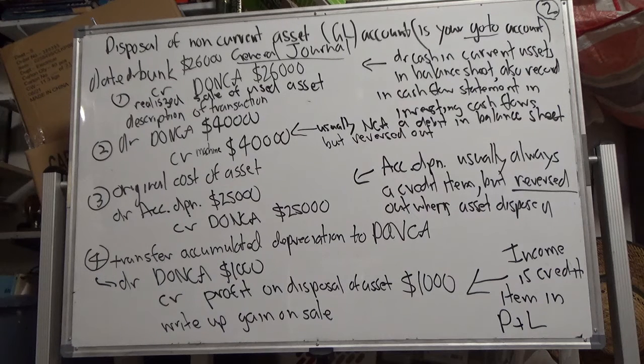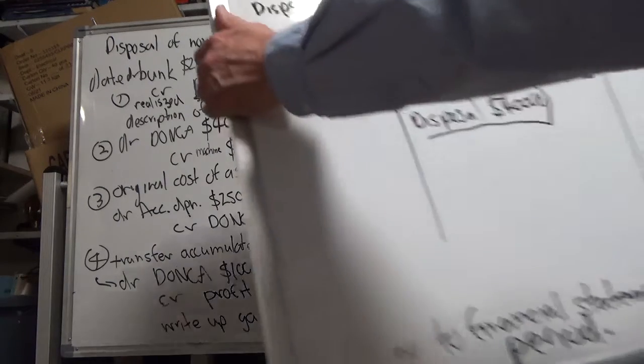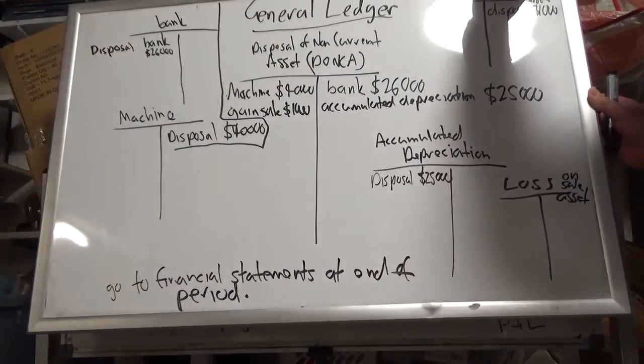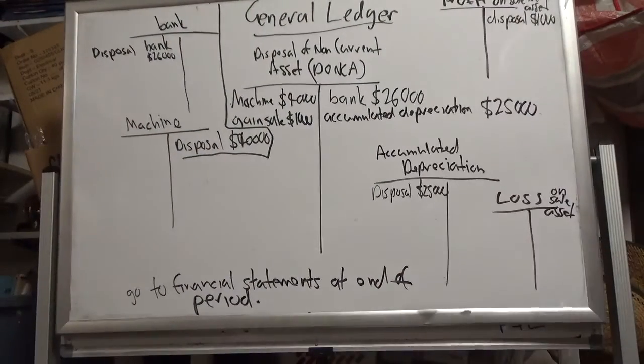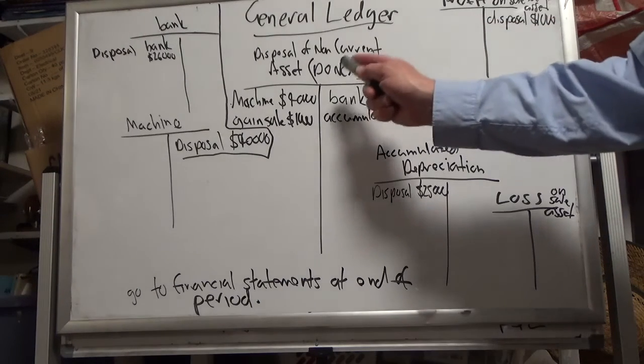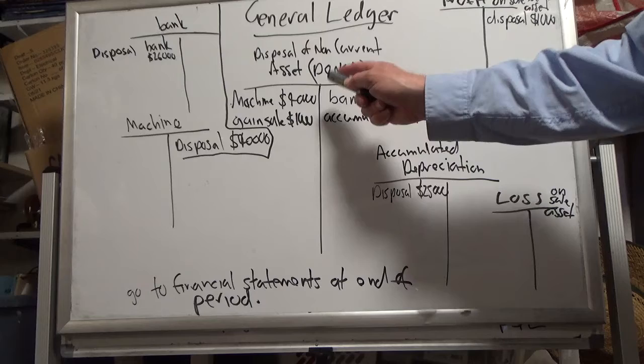And now, of course, we've got the general journal entries. Now we've got to post them to general ledger over here. So general ledger is the title. DONCA is the main type of focus account here.